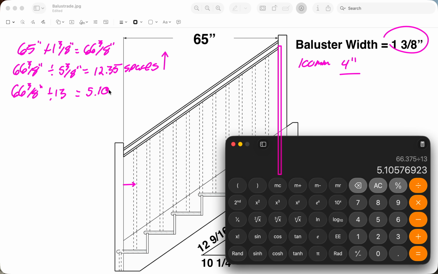Sorry, I keep saying 01. Now we're going to subtract off our baluster width, and that will give us the actual space between balusters. So we take off minus 1.375.